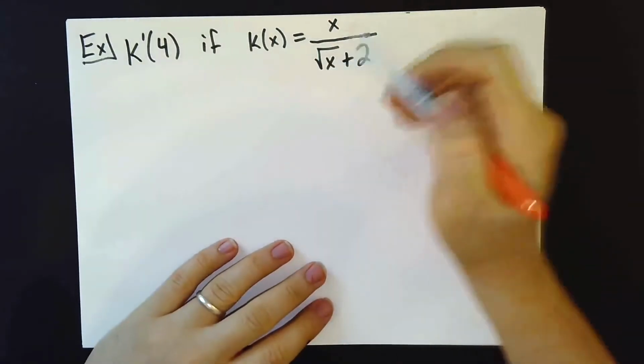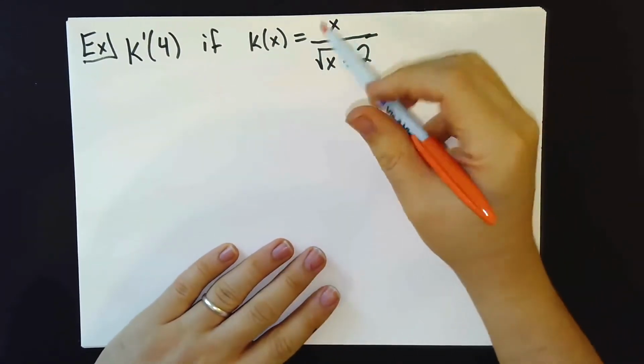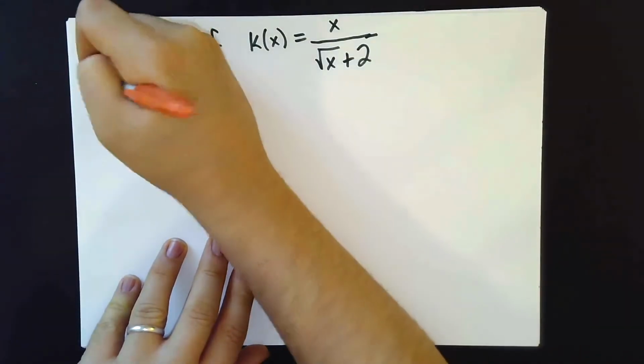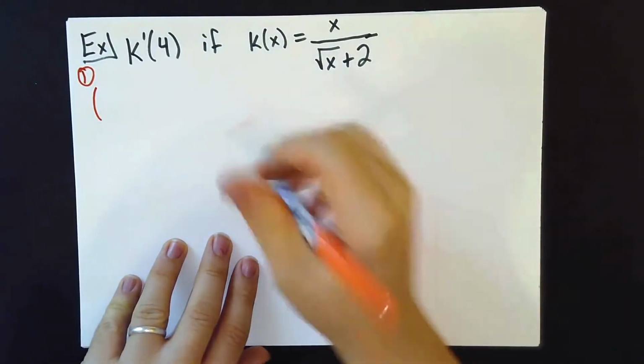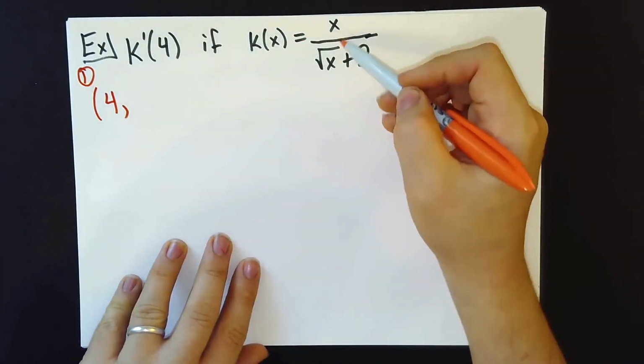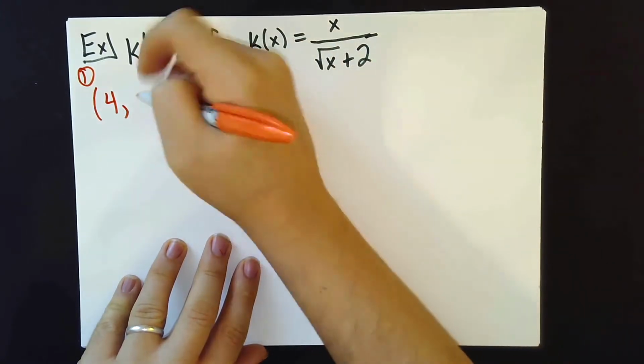We now have a square root in the denominator instead of the numerator, but similar idea. I want to take as my point here 4, comma, and then this is going to be 4 divided by 4, which is going to be 1.